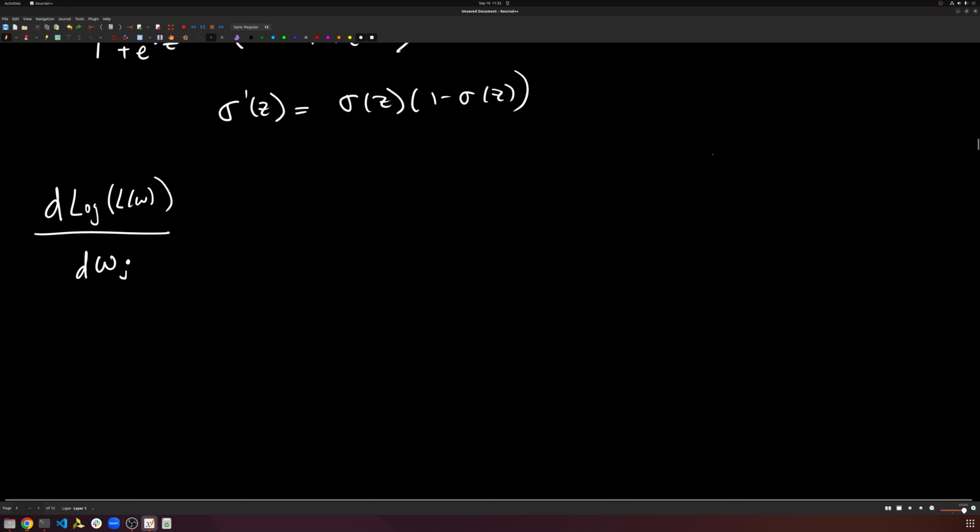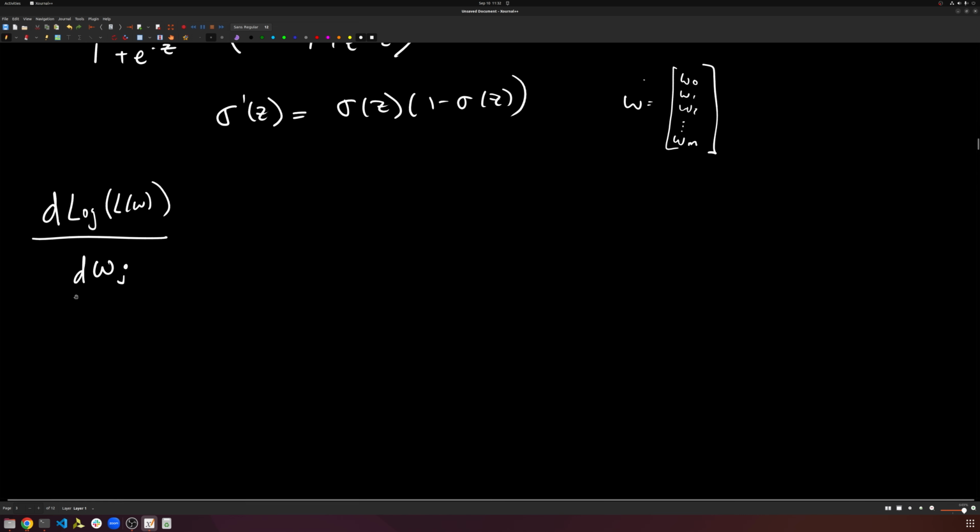Remember, w might be a vector of w0, w1, w2, up to wm, for the m features. We need to update each of these individually, which means we need to take the derivative with respect to each w individually, so with respect to some wj, where j is from 0 to m.